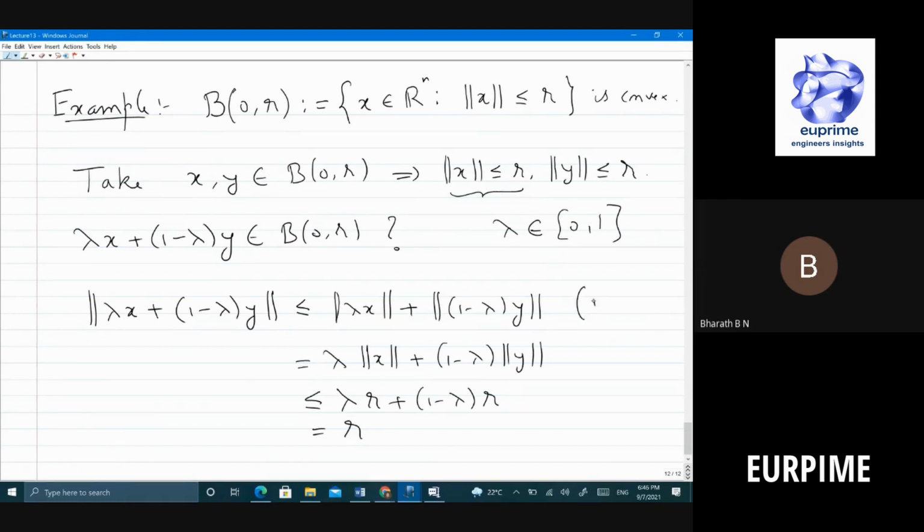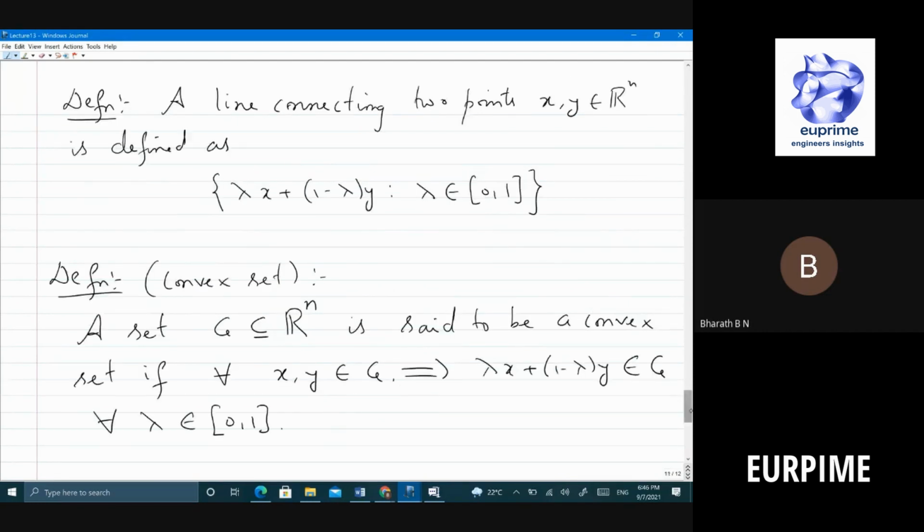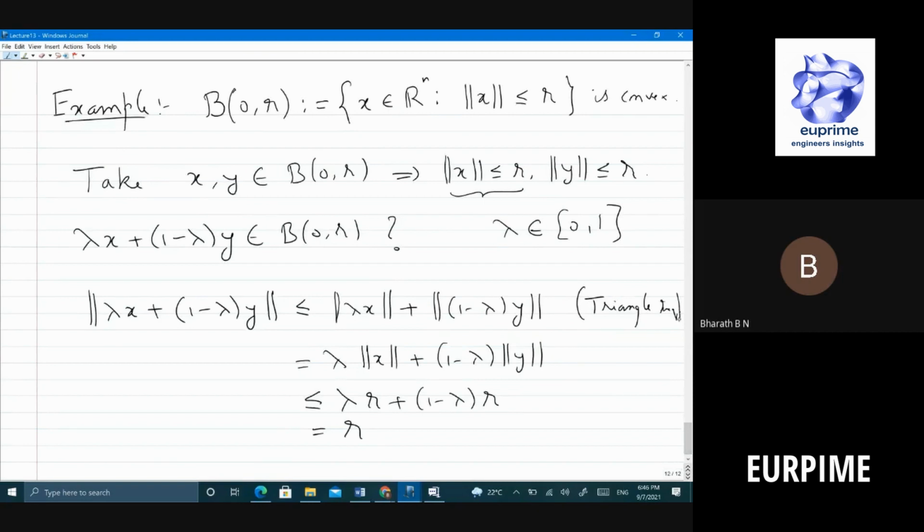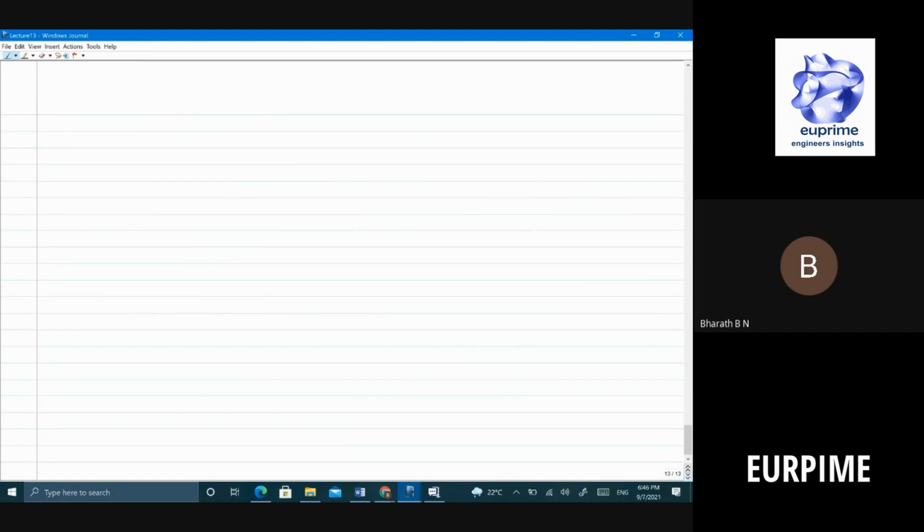So this is the triangle inequality, and the rest follows. Is that fine? So it doesn't matter which ball you pick, it corresponds to a convex set. Okay. Anything else?